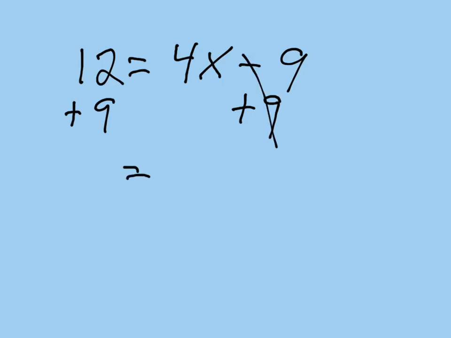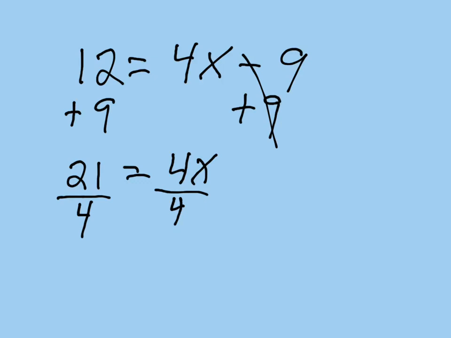I'm left with a 4x on the right side, and 12 plus 9 is 21. And now it's just a one-step problem. I can divide both sides by 4, because I say, what's my variable? It's x. It's being multiplied by 4. The inverse of multiplying by 4 is dividing by 4. And so now this goes poof, and I get x equals 21/4. And we are done. Let's look at some more examples.